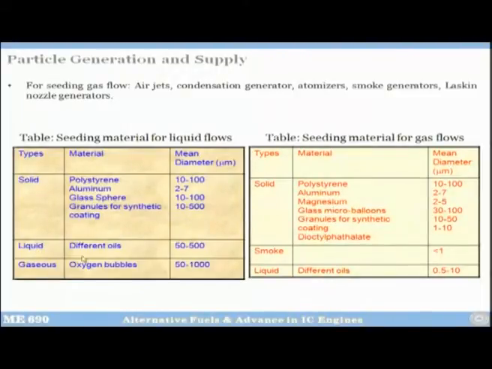You can use different types of oils. For example, if you have water flow, you can put olive oil droplets. Olive oil and water do not mix, so you can put different oil droplets, and these can be large, and since they do not mix, you will be able to see them, because there will be a difference in their refractive index.